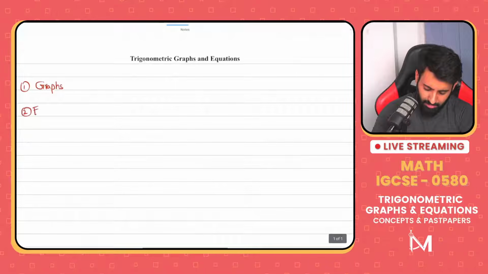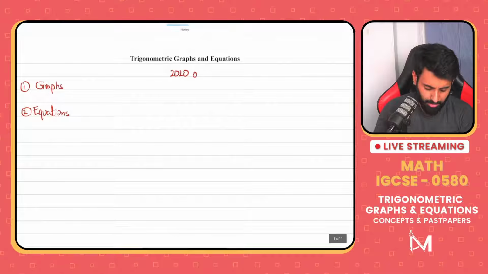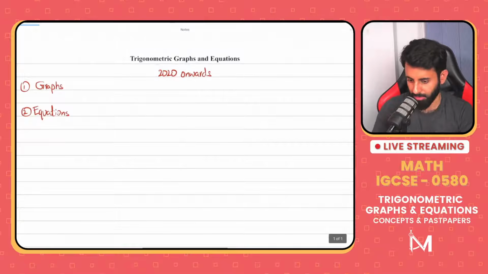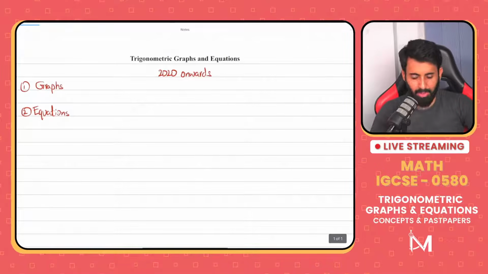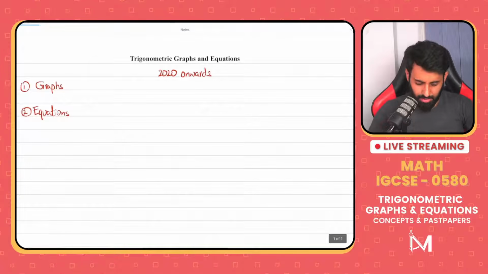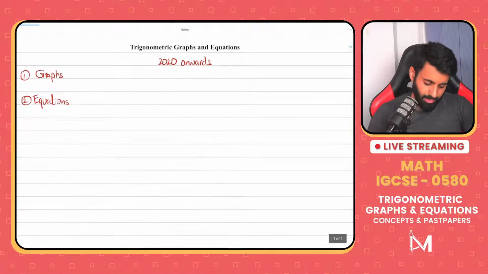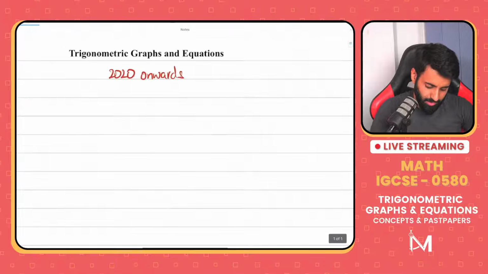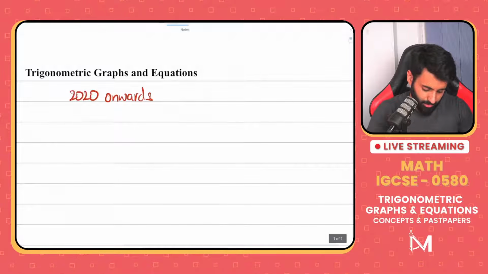Now it's fairly easy, and please note that this topic was added in 2020, so if you're solving past paper questions, you will only find questions of this from 2020 onwards. 2020 was when there was a change in the IGCSE syllabus. And again, please note that this is IGCSE only.